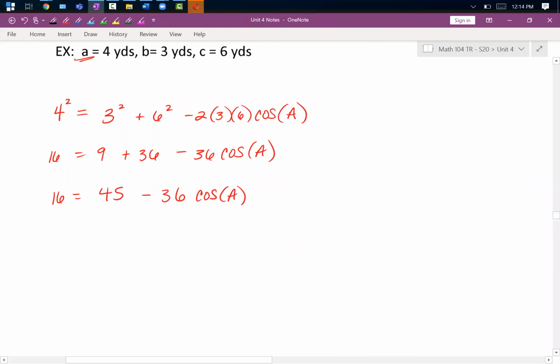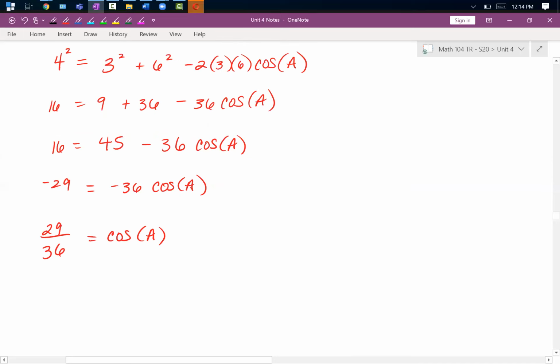We want to isolate the cosine, so let's subtract 45 and divide. We get 29 over 36 equals cosine of A. And lastly, to find A, we're doing an inverse cosine of this 29 over 36.